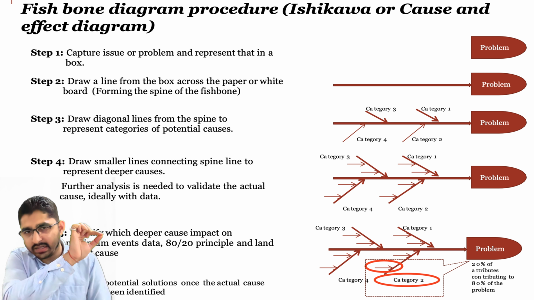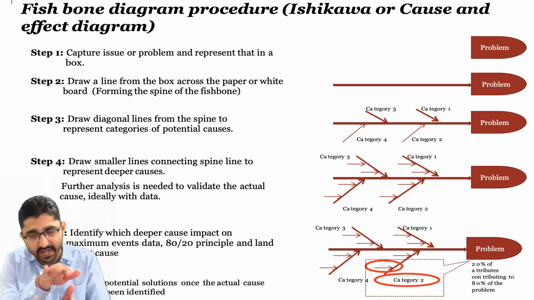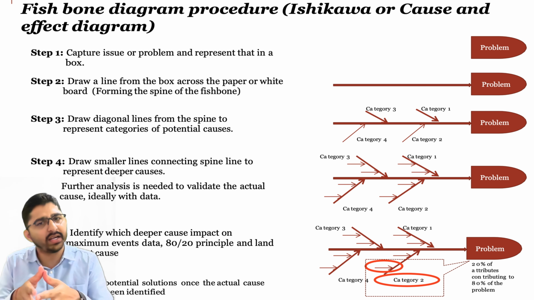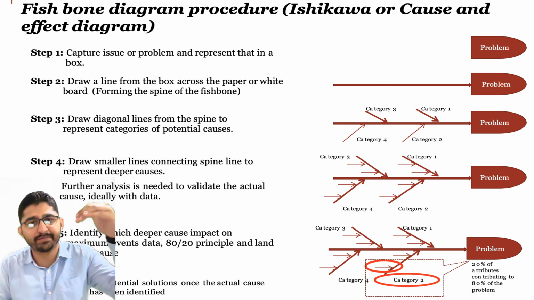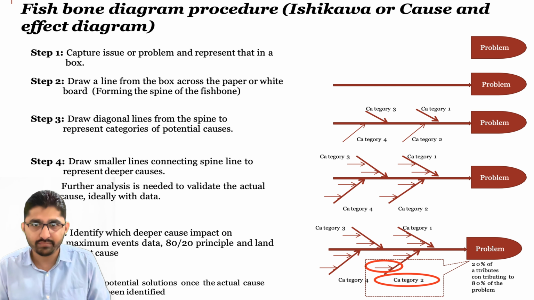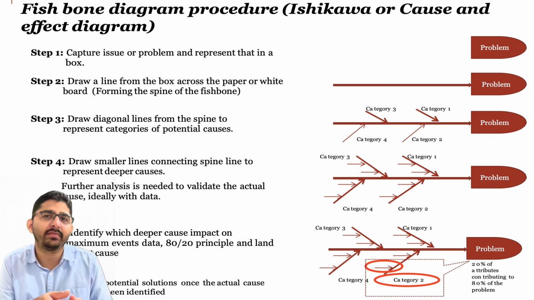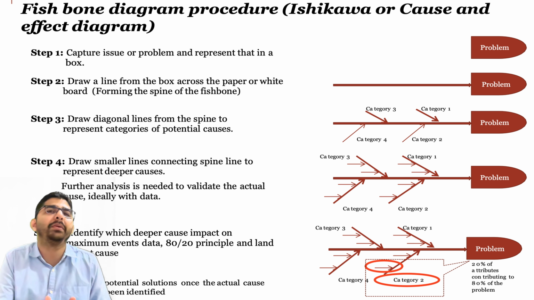Step 2 is to draw a line from the box across the paper or whiteboard, forming the spine of the fishbone. The third step is to draw diagonal lines from the spine to represent the categories of potential causes, right? As I told you at the start of my lecture, a problem will occur due to multiple causes.